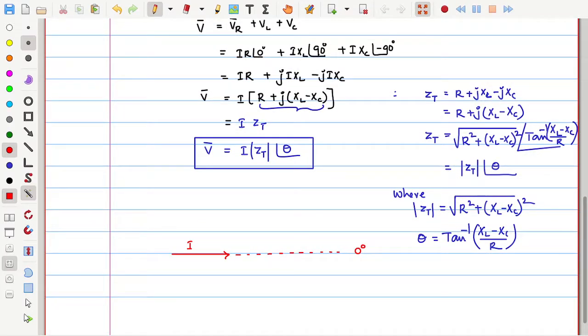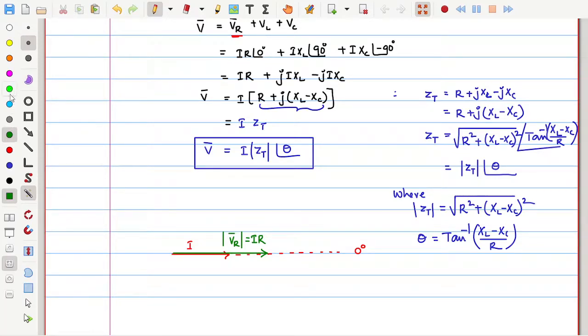If I consider this as 0 degree, this current should lie along this 0 line. Now I into R at an angle 0 is the VR. So VR angle is also 0, so it should lie on the same line, but it may have more length than the current. This green color is the VR magnitude. How much is the VR magnitude? I into R. What is its angle? 0. That's why it is lying on the 0 axis.